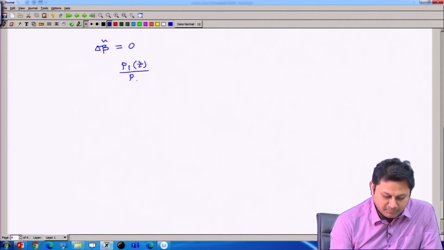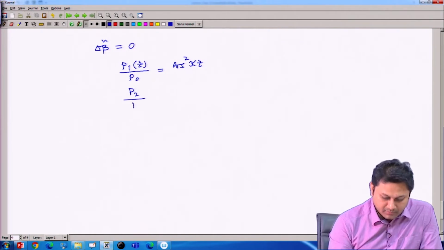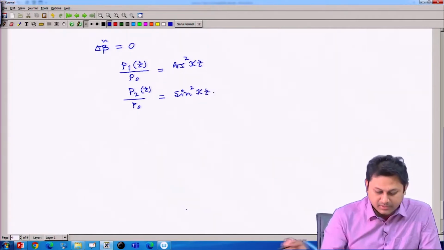P1 divided by P0 is equal to cos square of kappa z, and P2 divided by P0, which is a function of z, is equal to sine square of kappa z.